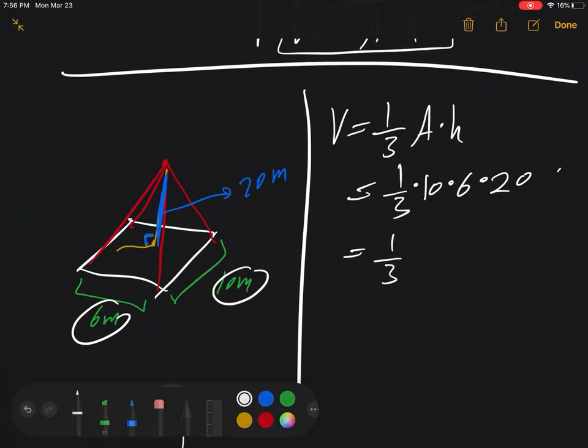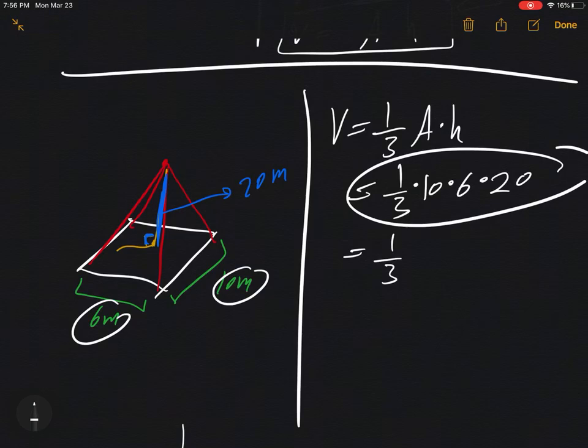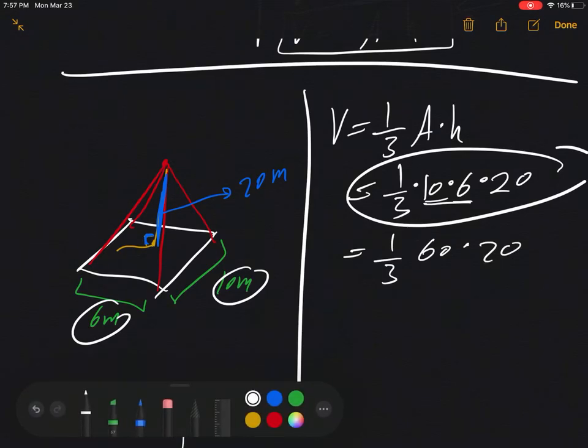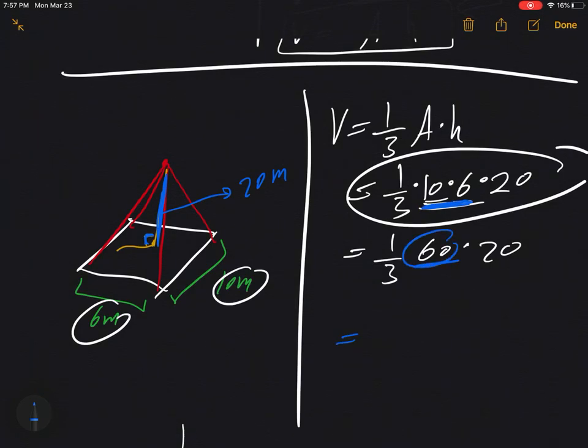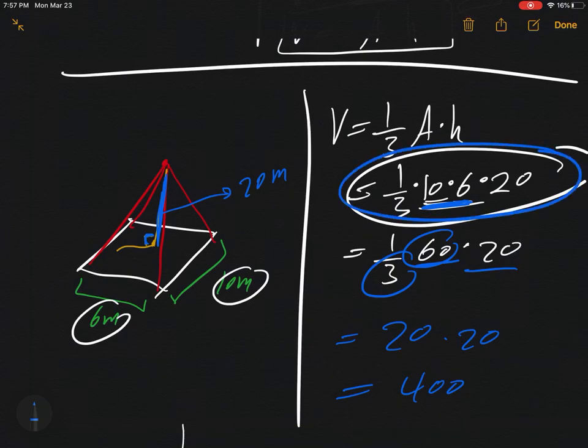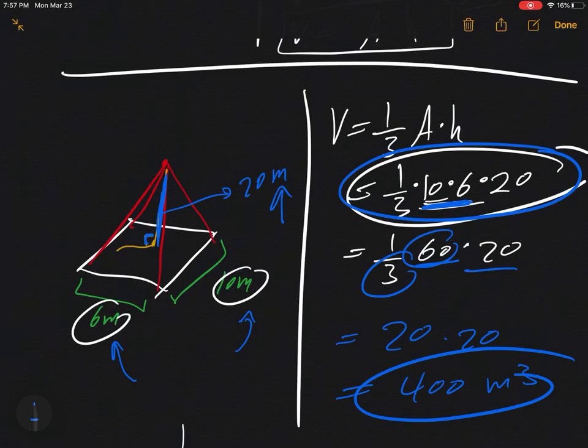You can calculate all of this on your calculator, or do it in your head. 10 times 6 is 60, and 60 divided by 3 is 20, and multiplied by that 20 is equal to 400. What was the unit here? It was meters, so the answer must be 400 meters cubed. That's how we look at the volume of the pyramid.